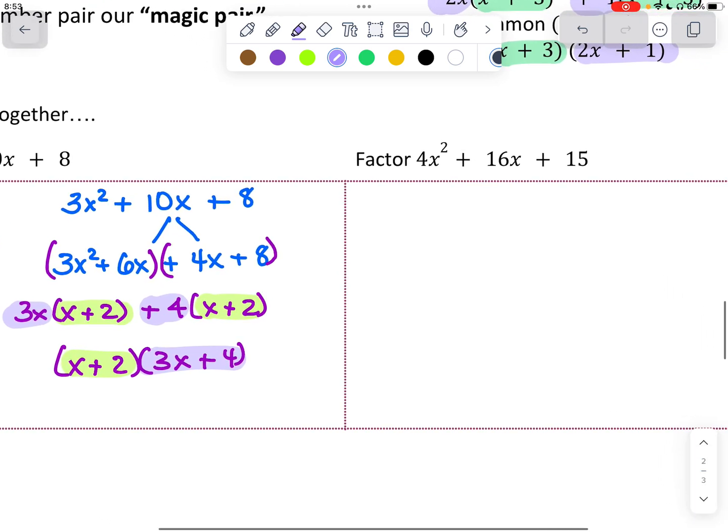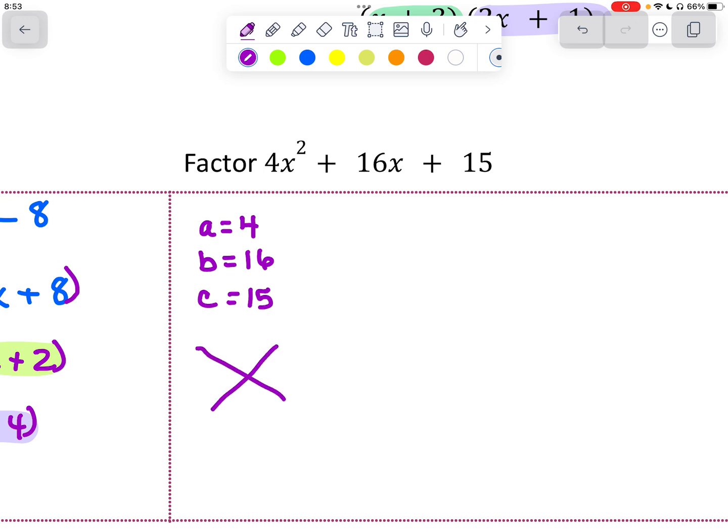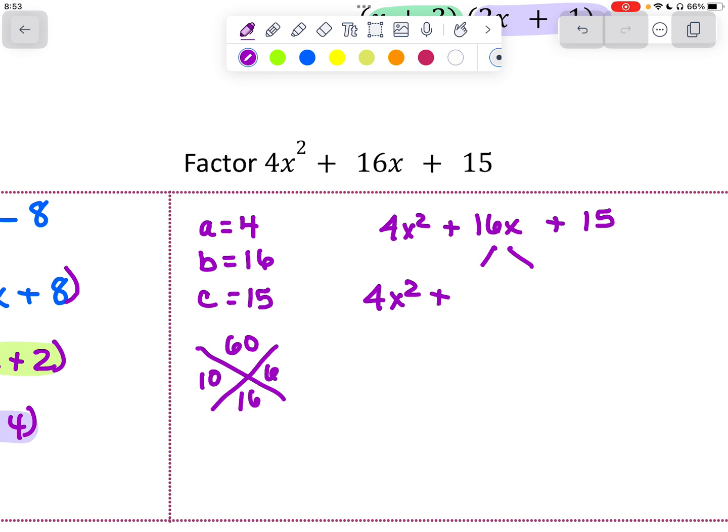Let's try another one. Identify A, B, and C. We're looking for two numbers that multiply to give us 60 and add to give us 16. It's going to be 10 and 6. So I'm going to take that 16x and bust it up to be 10x plus 6x.